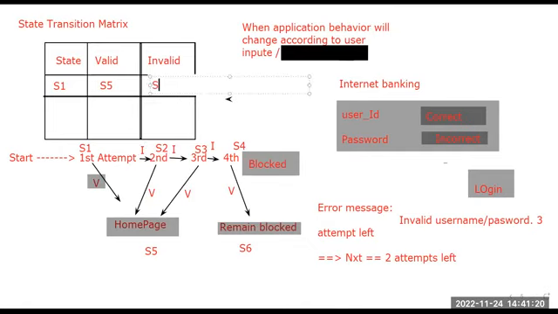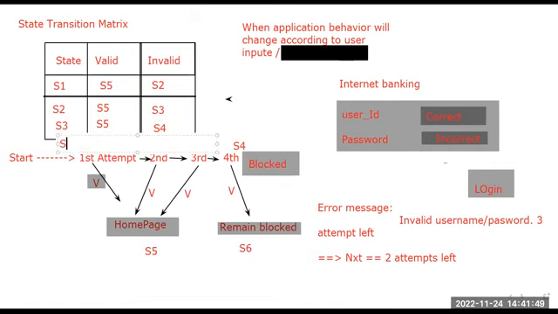S2. Correct, guys. Similarly, let's say I'm in state 2 and I give a valid credential. What will happen? S5. Otherwise, S3. If you are in S3 and I give a valid credential, S5, and otherwise S4.